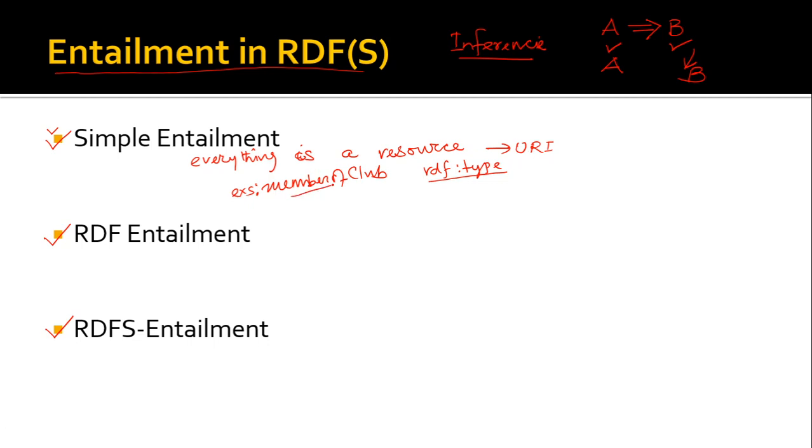But member of club does not have anything to do with RDF vocabulary, right? But in simple entailment, we do not really differentiate these kinds of things, right? So, no URI is special, no property is special, no class or concept is special. Every URI is treated the same.